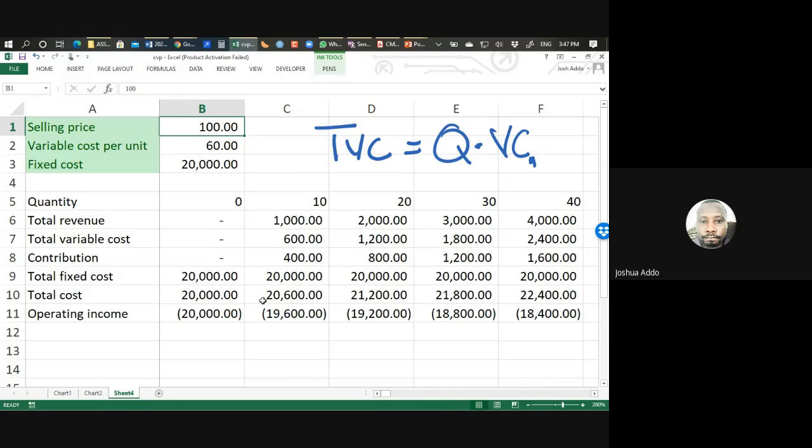So at this point, we are going to create a CVP graph based on this data and see how it looks and what information the graph communicates to us. Okay, so the main relationship is your revenue and your total costs. How are they relating?